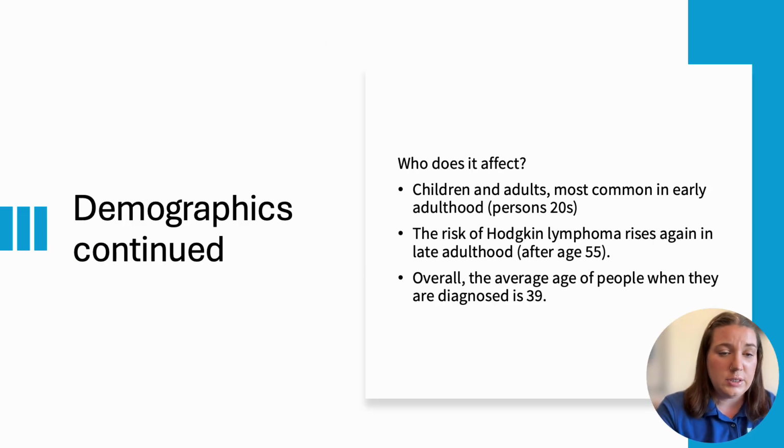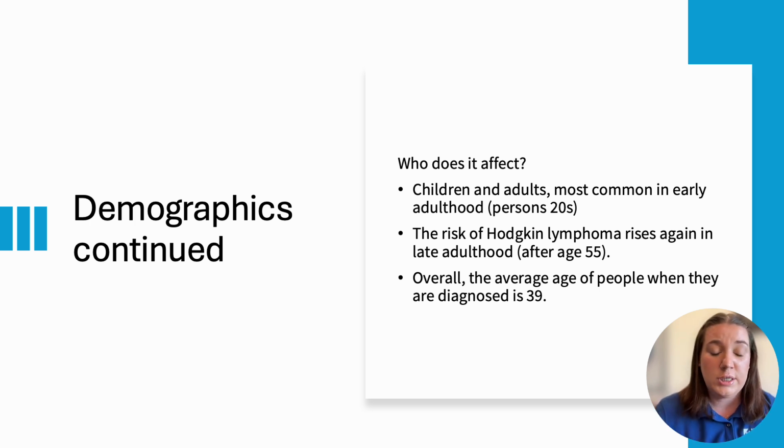Unfortunately, lymphoma does not choose or have favorites. Anybody could be affected. It's most common in children and adults, and the most common is in early adulthood, so people in their 20s.